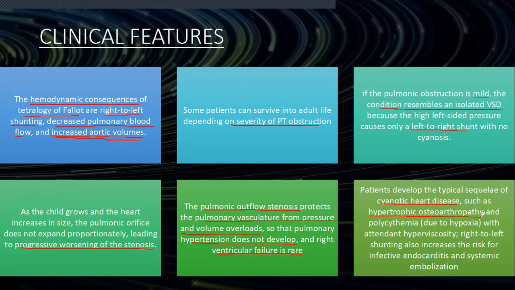Whenever I say this, please remember Charmot's Windows test. Polycythemia due to hypoxia with attendant hyperviscosity. Right to left shunting also increases the risk for infective endocarditis and systemic embolization, the paradoxical embolization, where an embolus from the venous side will enter the arterial side.